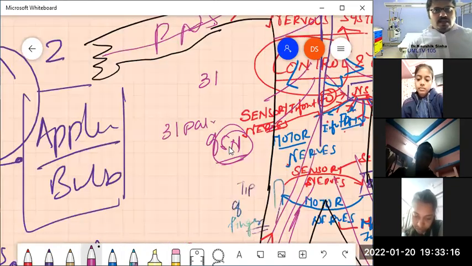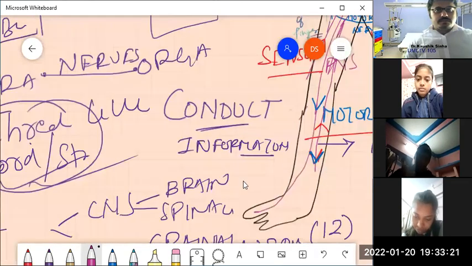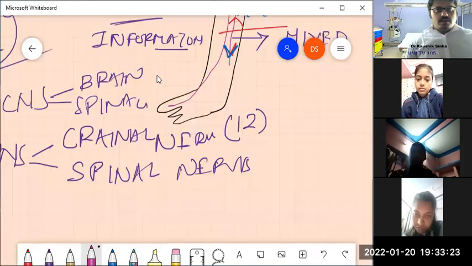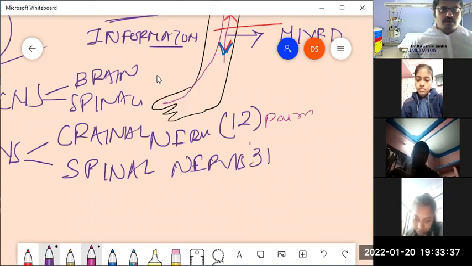So enlisting these organs again, brain, spinal cord contributing to the central nervous system, and in the peripheral nervous system, we're having 12 pairs of CN, and at the same time for the spinal nerves, we are having 31 pairs of SN.